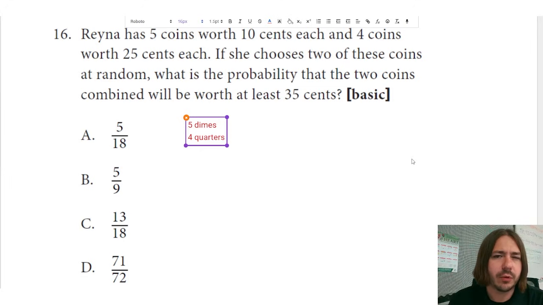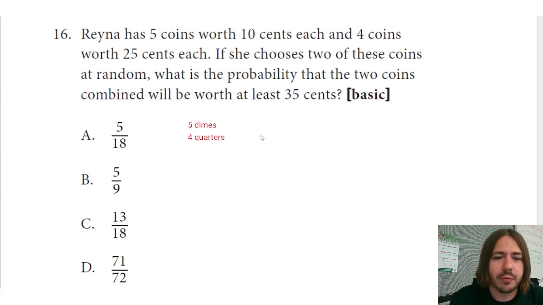So I think the easiest way to approach this problem is to find not the probability that the 2 coins will be worth at least 35 cents, but what's the probability that we actually don't get that, and then subtract that from 100%. So let's calculate the probability of getting 2 consecutive dimes.